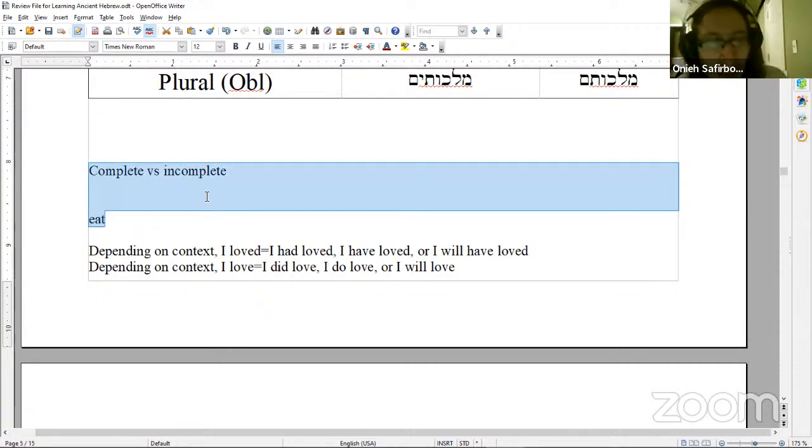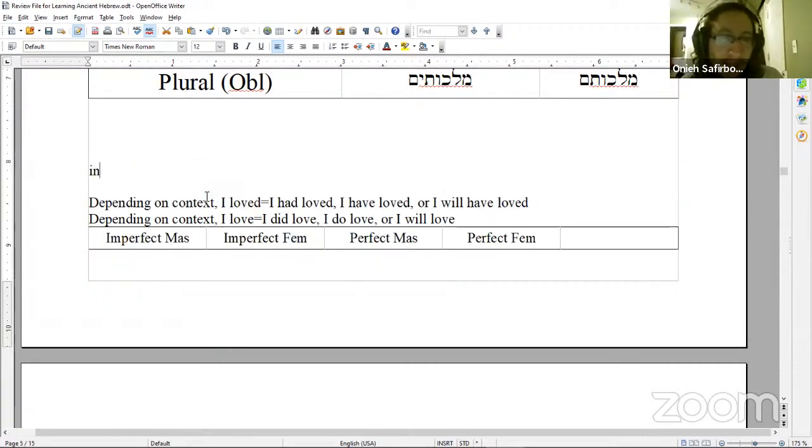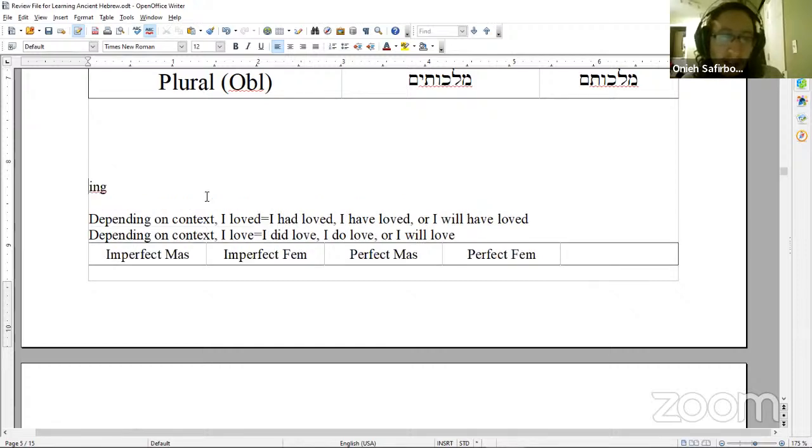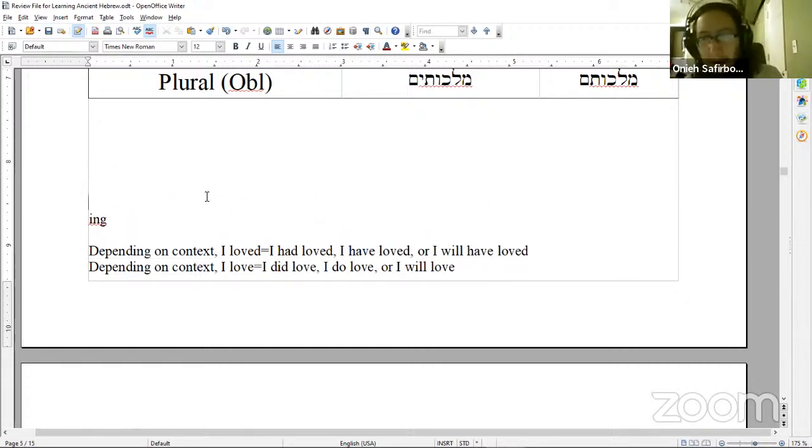So it might also help to convey it in terms of the -ing participles. So he was going to the store versus he went to the store.